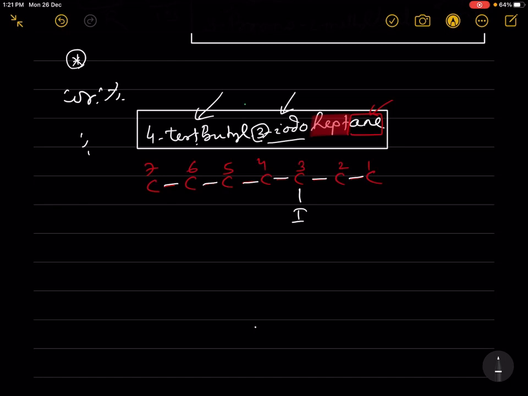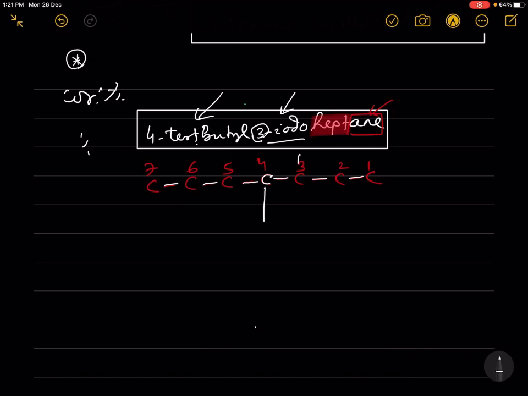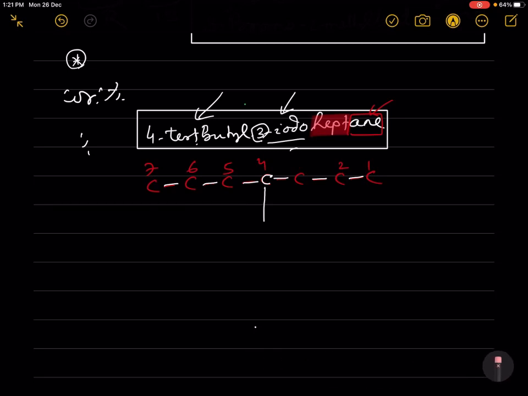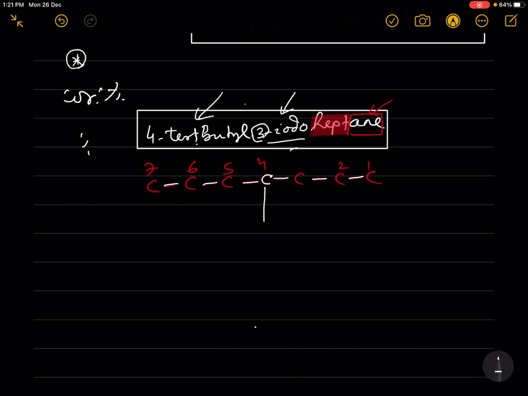This is important. At this position tert-butyl group is there. Let me write this iodine above number 3 carbon. You can write at the bottom or at the top position, no problem. Iodine is there. This is number 3 carbon.